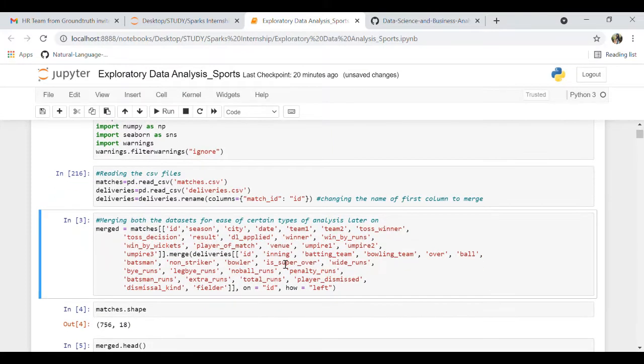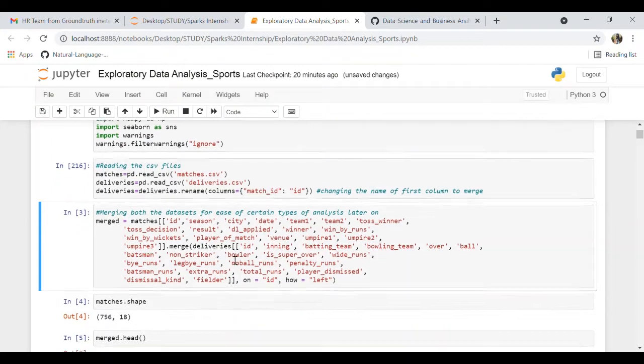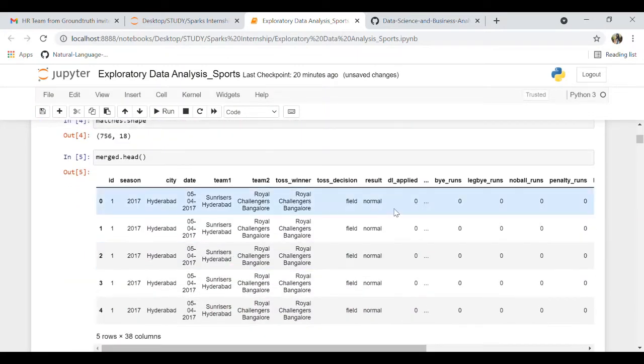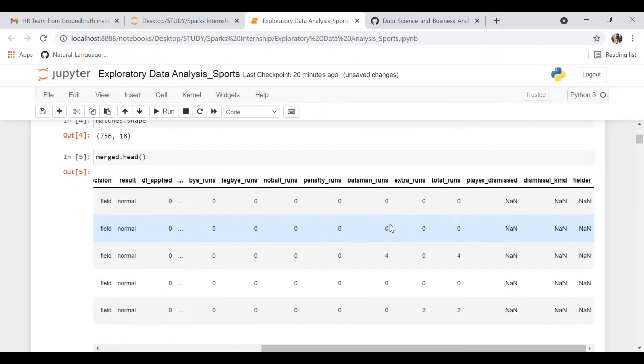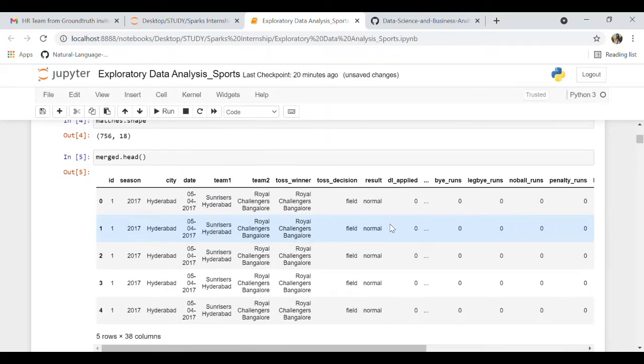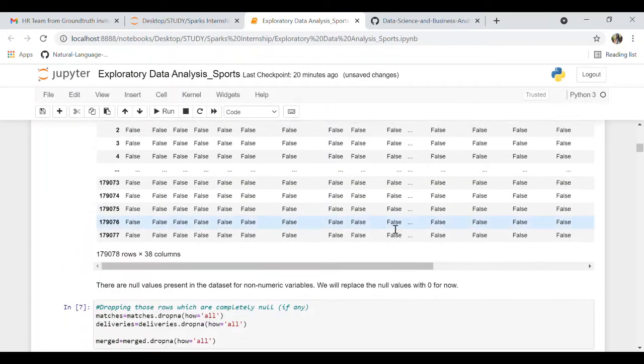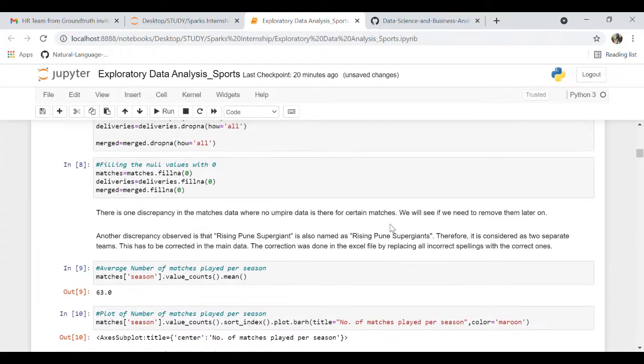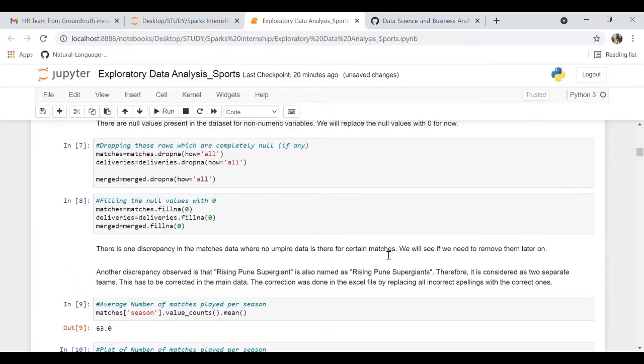This merged data set, we have merged the two data sets, matches and deliveries, into one data set so that we can work with that when required. It will give us the entire picture. We'll do the null value analysis, get rid of the null values or fill them with zeros if required.